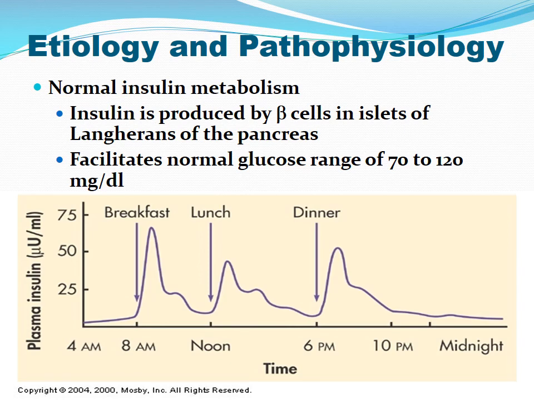Etiology and pathophysiology of diabetes mellitus. Normal insulin metabolism: insulin is produced by beta cells in the islets of Langerhans of the pancreas. The main function of insulin is to maintain a normal glucose range of 70 to 120 milligrams per deciliter.